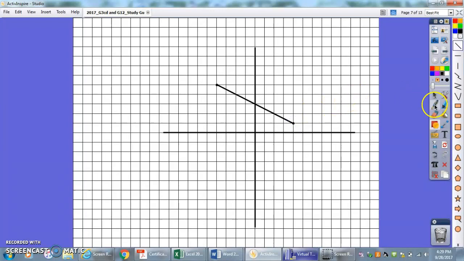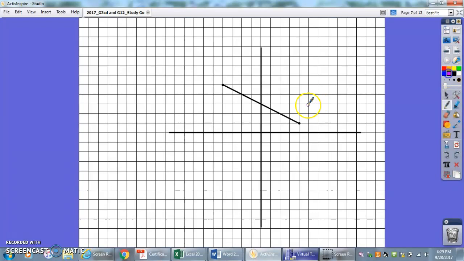It looks like I could totally make a guess, because look, between those two endpoints, like right there. That's perfectly fine.